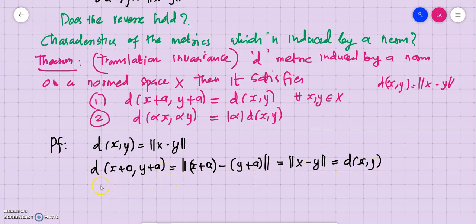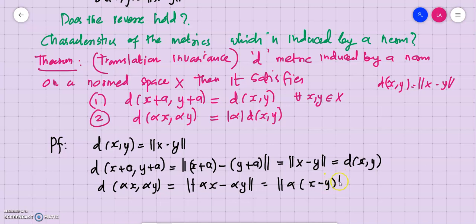Now the second property: d of alpha x, alpha y, by the definition of the norm, is norm of alpha x minus alpha y, which can be written as norm of alpha times x minus y. If x and y are elements of the space, then x minus y is an element of the space.